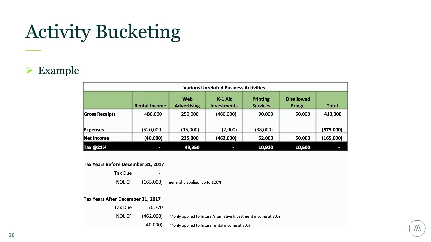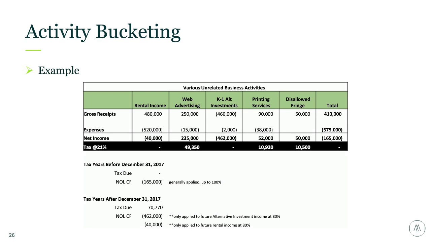But now with tax reform, you have to pick up the income items. So you're picking up the website income, printing services, and disallowed fringe benefits. So instead of having a loss of $165,000, you have income of $337,000 and a tax of almost $71,000 that you weren't planning on.